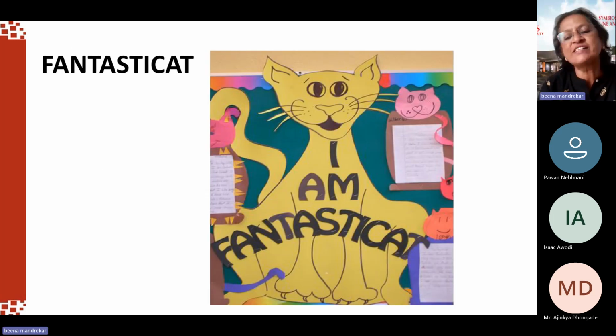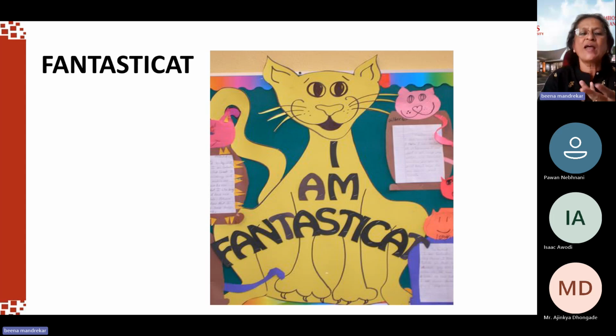This we had done right in the beginning, called the fantastic cat. So I want you to think about it again. Look at the fantastic cat, how we put our good qualities on the cat. What had we put?